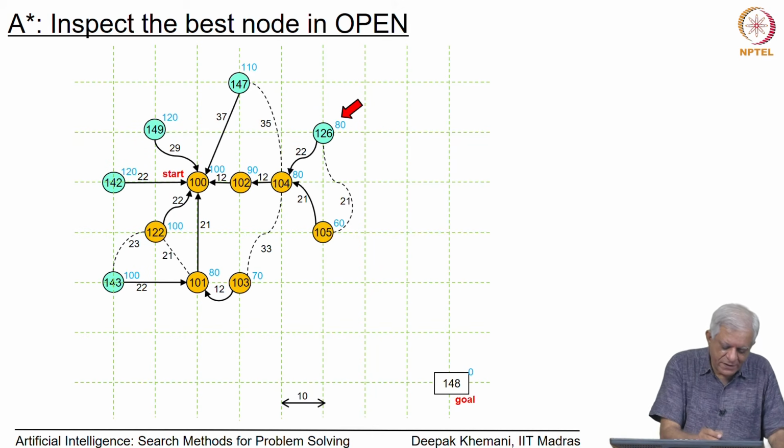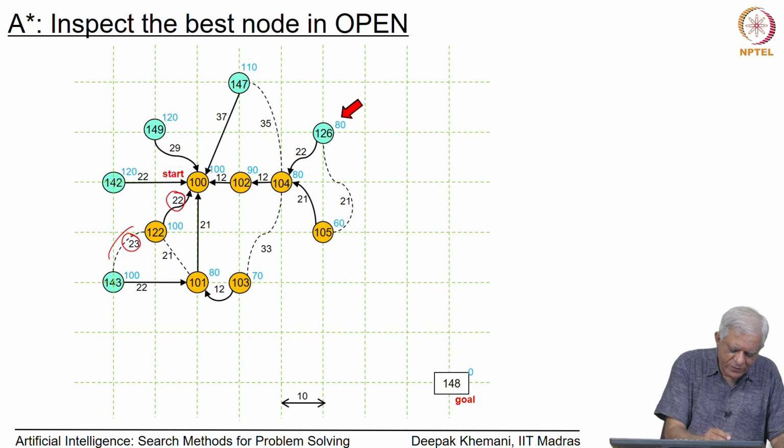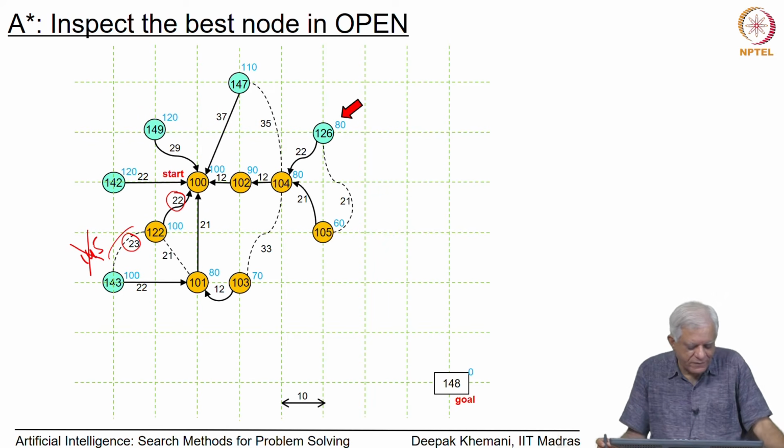And it has found another path to this node with value 143, which it had found earlier, but this new path would have been 22 plus 23 is 45, plus 100 would have been 145. So, clearly it is not interested in that path of 145.